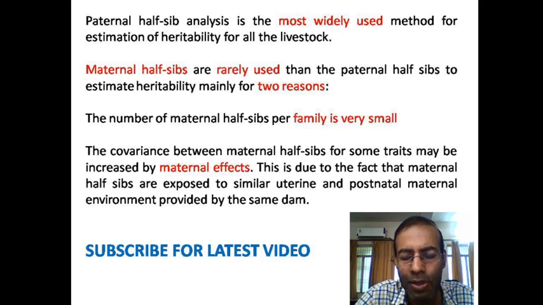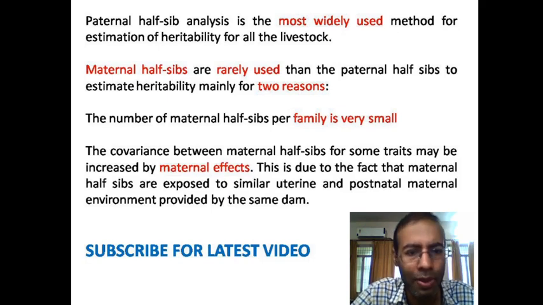When sample size is less, the error will be higher. So this method is generally not used.